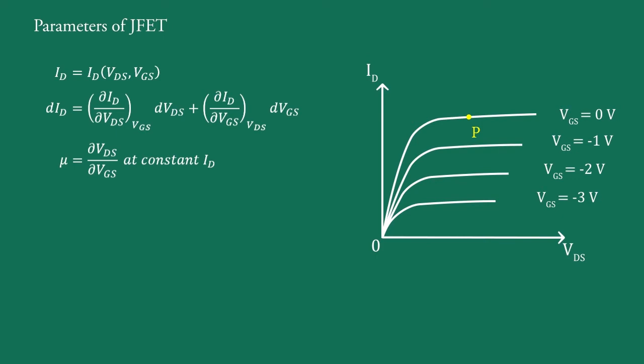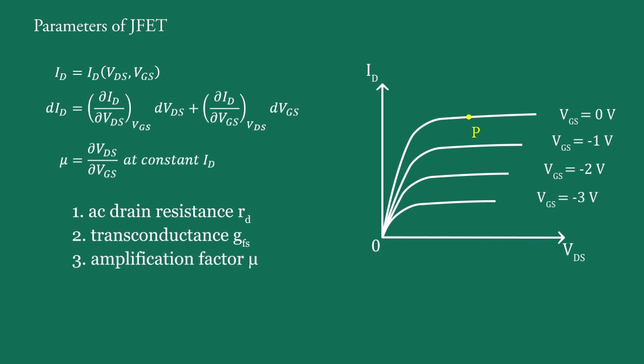These are known as parameters of the junction field effect transistor. The names assigned to these parameters are AC drain resistance RD, transconductance GFS, and amplification factor mu.